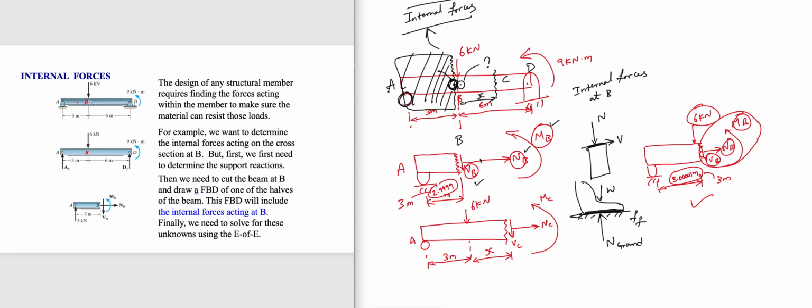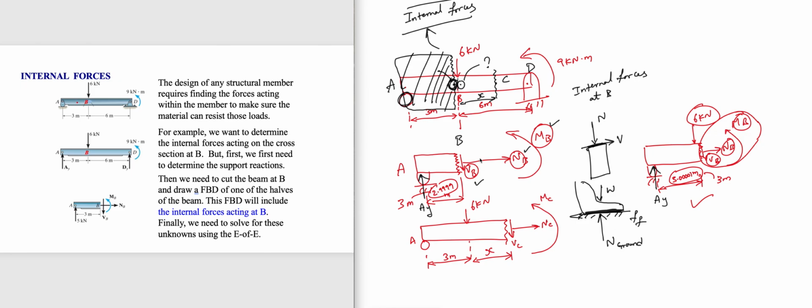If you have a slider at A, you have AY, isn't it? I already drew that. It's going to take a little while to sync. So at A, because A is a slider support, you have AY. So you have to use the value of AY to calculate VB, NB, and MB. And that's what I'm going to show you in a little while. Yeah, now it's synced. So we have the AY reaction.